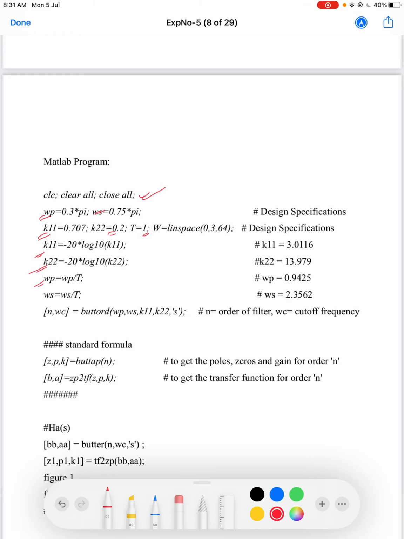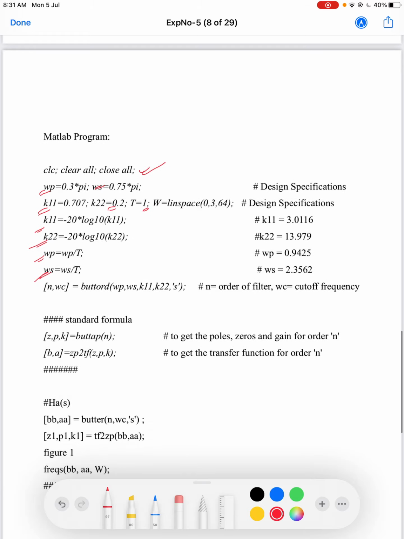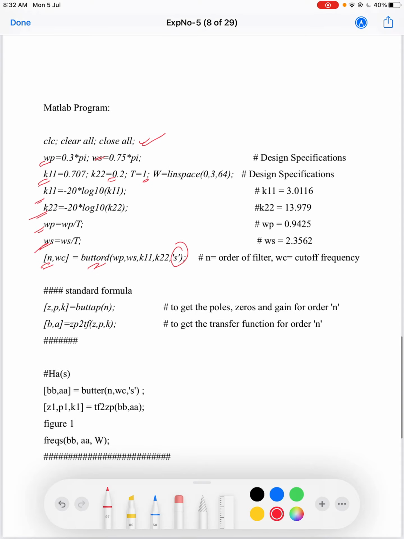Because we're using the impulse invariant method, we're just dividing by the sampling frequency. Then n and omega c are found using Butterworth. Since we're doing the analog form, we're using s. This is just to find out the standard equation, how it looks like. This is literally step number 2.